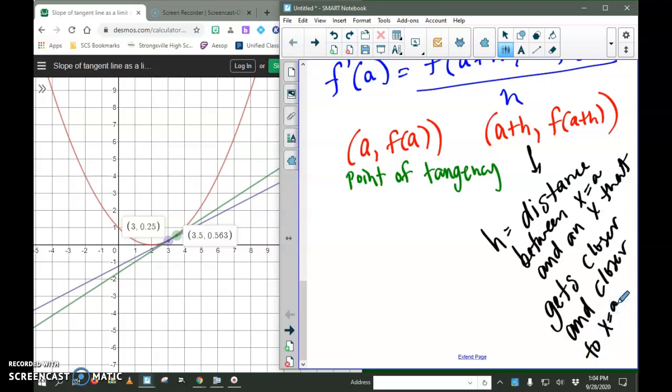Okay? So another way to look at that. All right, so in class tomorrow, we will use this idea to practice setting up this second limit definition of a derivative.